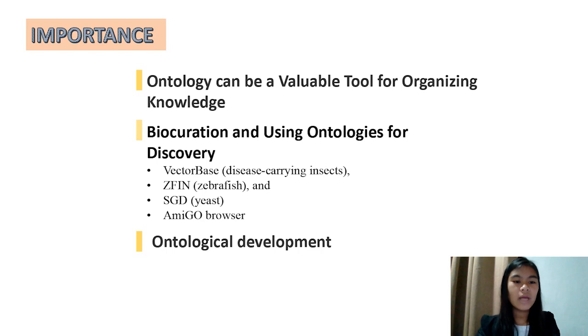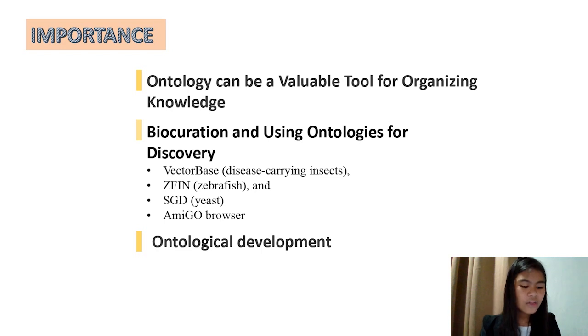Second one, biocuration and using ontologies for discovery. Biocuration is a growing field in which expert curators read and distill scientific findings from the published literature by utilizing ontological terms to tag them. One important and challenging curatorial task is relating a gene to the anatomical location where it is expressed.